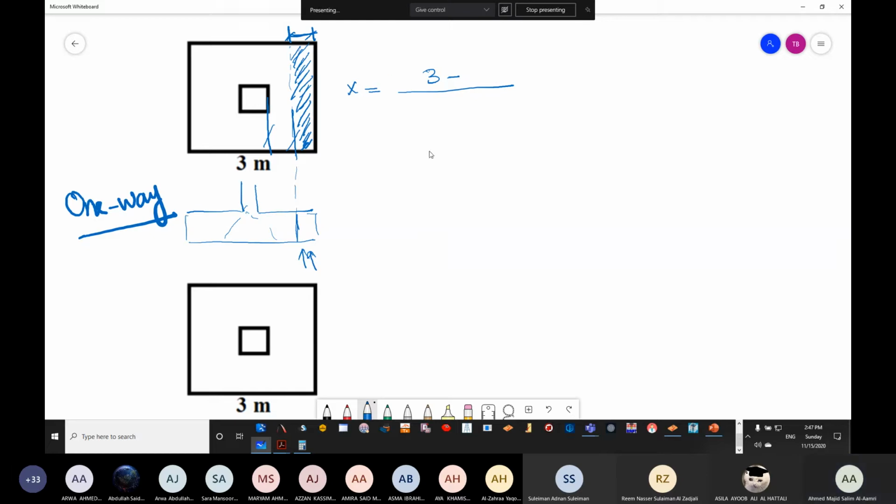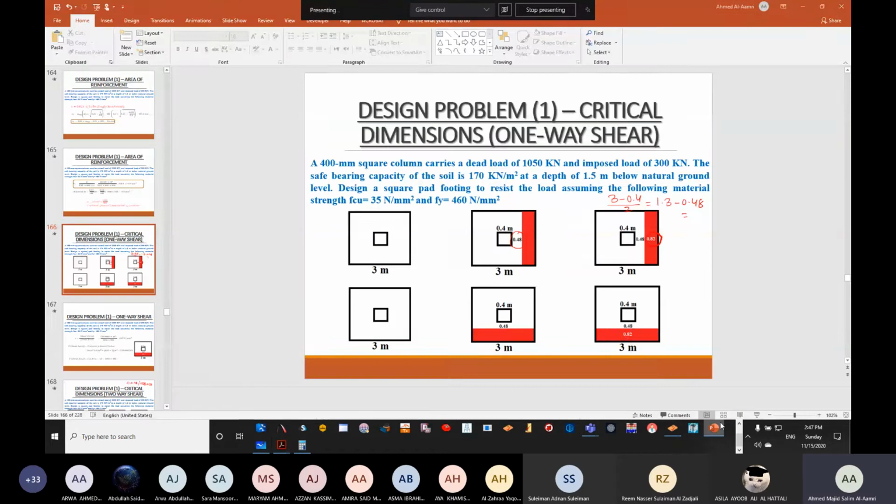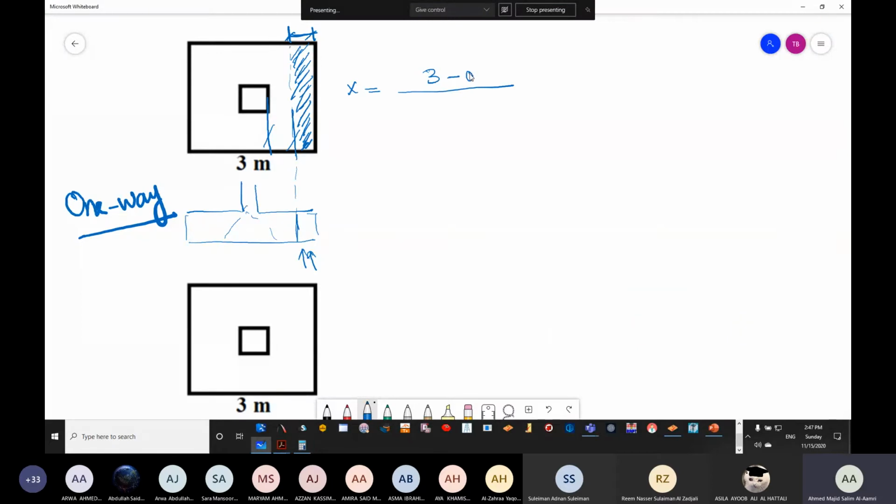What was the column in this scenario? The column is 400 square. So we are going to remove 0.4, dividing it by 2. So whatever I have got till now, I have got this area from the beginning till then. So 3 minus 0.4 divided by 2. Now I don't require this portion, so what we need to do is go minus d.